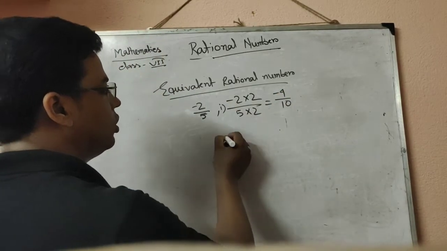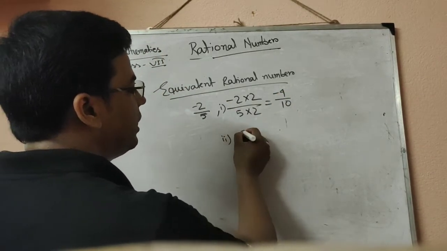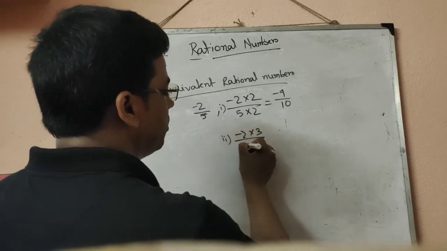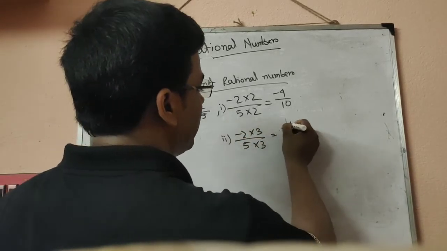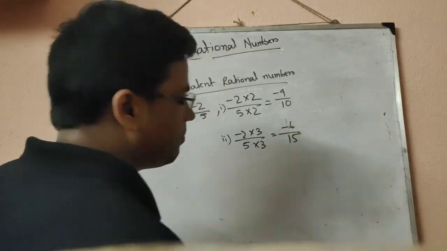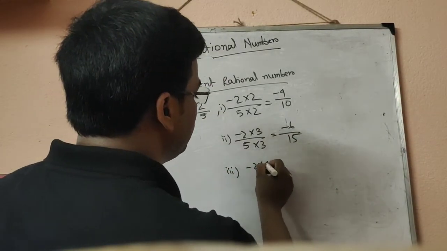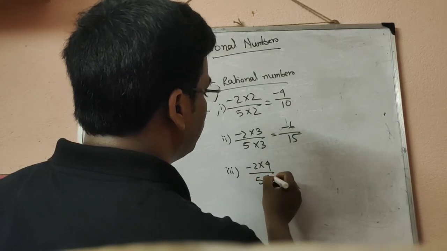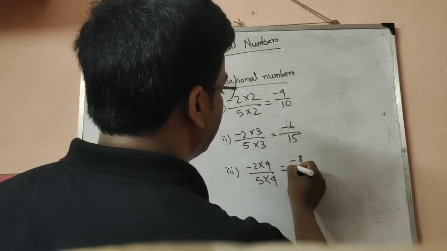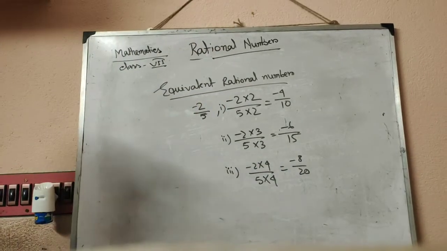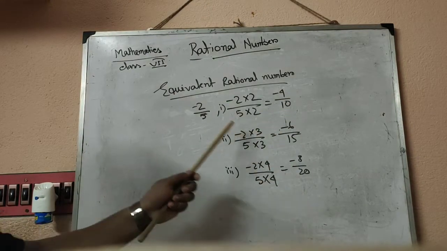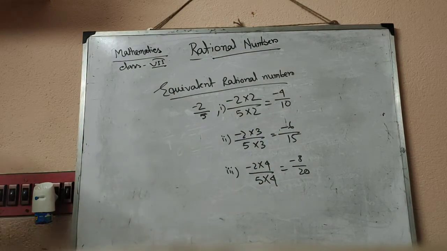Next, minus 2 into 3 by 5 into 3, that means minus 6 by 15. Next, minus 2 into 4 by 5 into 4, that means minus 8 by 20. These will be equivalent rational numbers of minus 2 by 5.